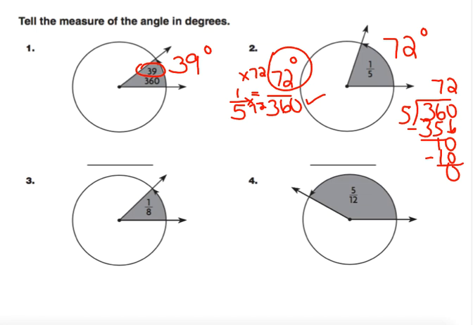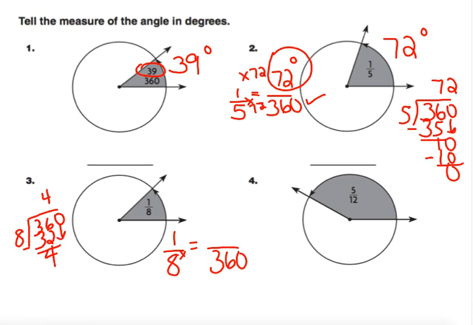All right, number 3 is 1/8. So again, I'm going to say 1/8 equal to over 360. Now I have to do some division because I don't know my 8s all the way up to 360. So I'm going to do my division work to figure it out. 360. So 8 times 4 is 32.